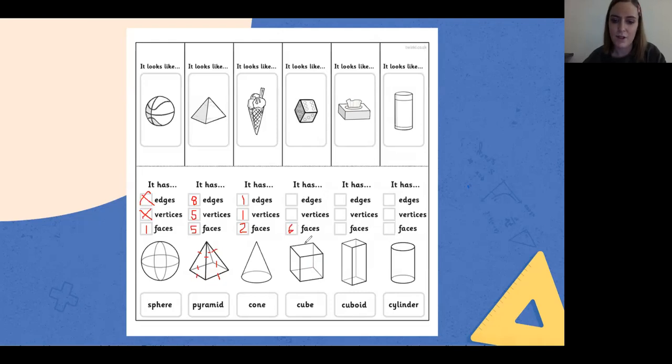Then for edges, sorry. 1, 2, 3, 4, then it has some more down here. 5, 6, 7, 8, if you remember from our activity before. 9, 10, 11, and 12. It has 12 of those straight lines, so it has 12 edges. Then for our vertices or our corners, 1, 2, 3, 4, 5, 6, 7, and 8.